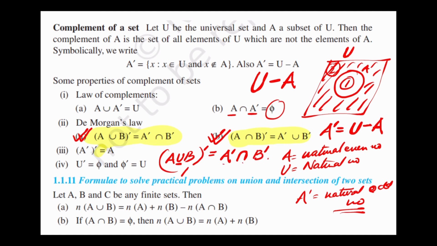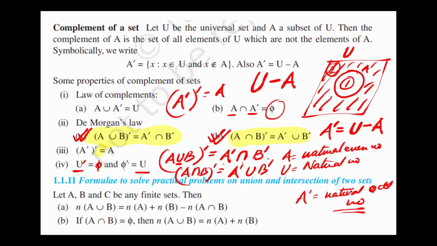So it is A bar intersection B bar. If we have intersection here, what will happen? It will be A bar union B bar. Clear? That's it. If I do double complement, A bar and one more, I'll get the same thing, A. If I'm doing the universal set complement, I'll get the empty set. If I'm doing the empty set's complement, I'll get the universal set.